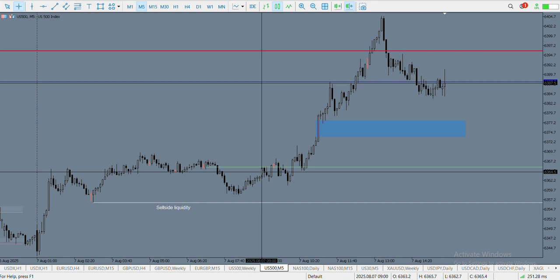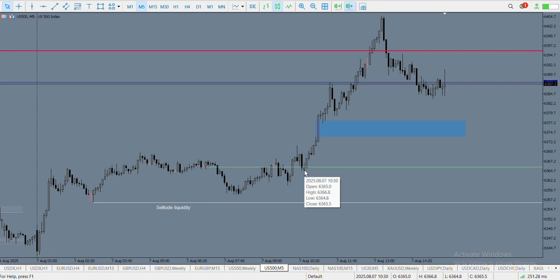So we opened up in London right here. We made this consolidation here, but over in London today we moved higher. And this move higher started from 10:30, which in New York time is around 3:30, and then we had this move higher the whole of London today.